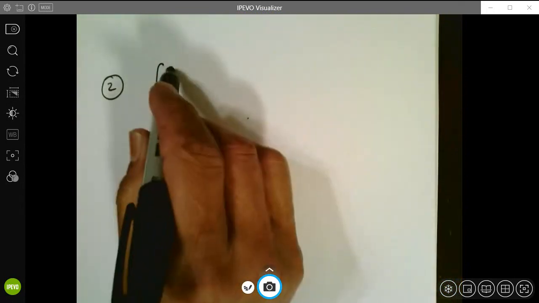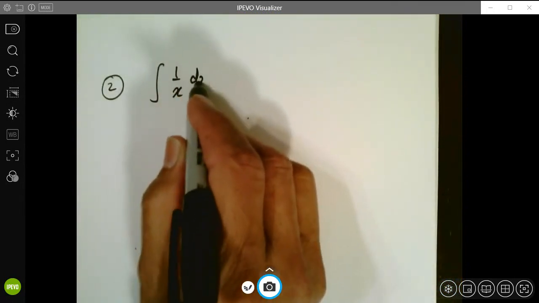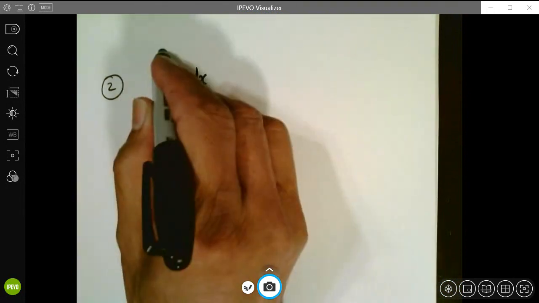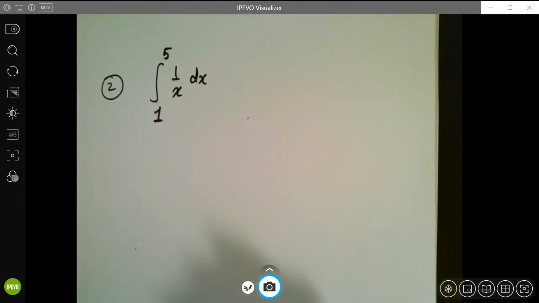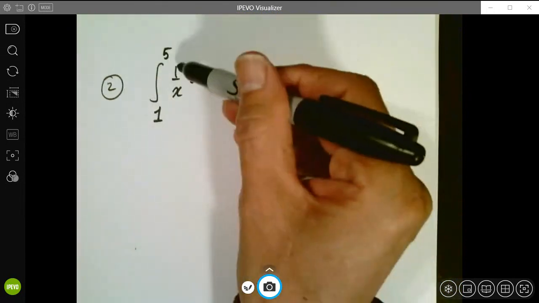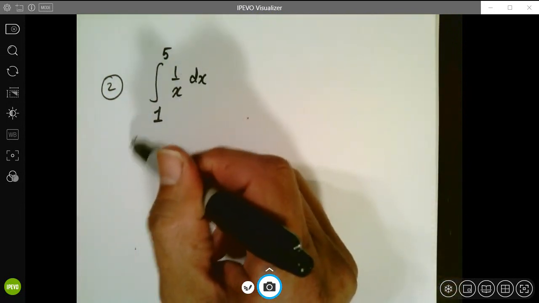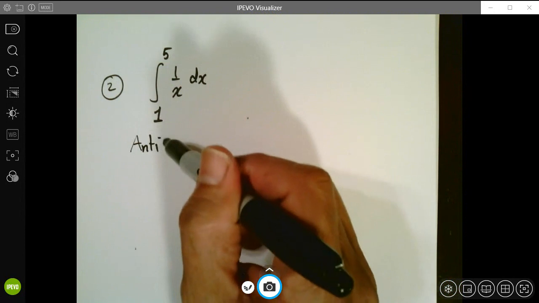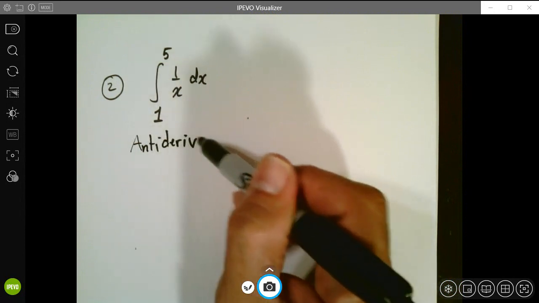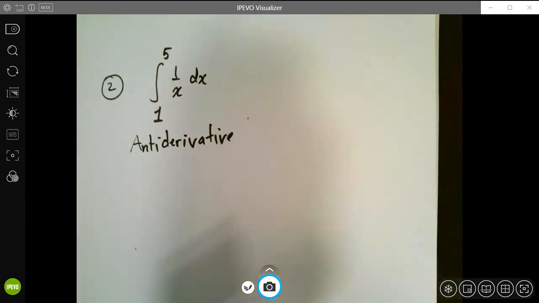Okay, so let me give you a different one. If I give you the integral from 1 to 5 of 1 over x dx, we have to figure out what an antiderivative is.